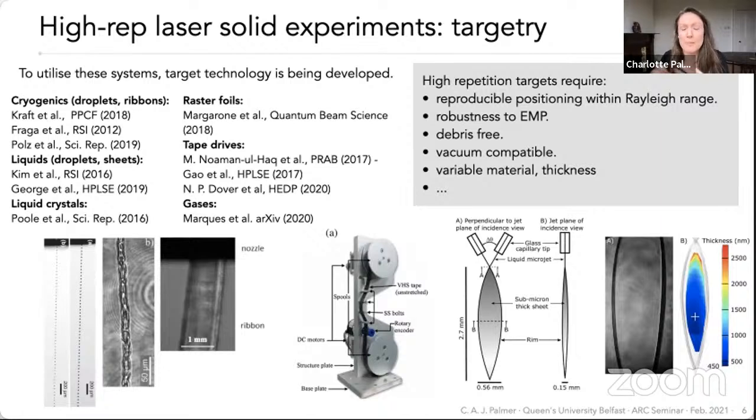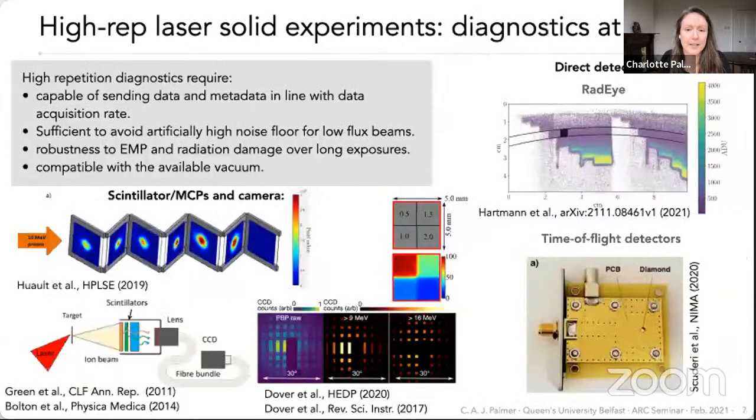But also compatibility with vacuum conditions, with the liquid sheets or cryogenic systems, making sure that you can maintain the vacuum that you need for your laser propagation and also for your diagnostics. But despite these technical challenges, the targets have been used more and more recently, and there have been some really nice results. They're becoming much more robust and stable, and so there's really promising work for the next years.